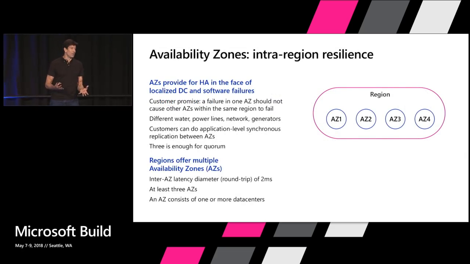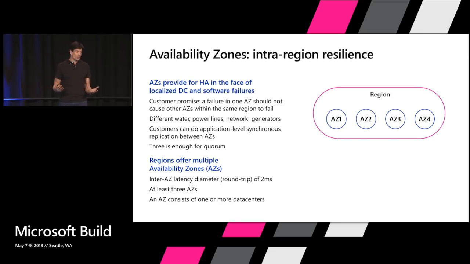For high availability within a region, we've just started to introduce availability zones. Availability zones are multiple independent data center facilities. They're isolated from one another, both by some distance between each other, and they each have independent power, independent connections to our network backbone, and independent water supplies, so they're isolated from any correlated failures from a physical perspective.